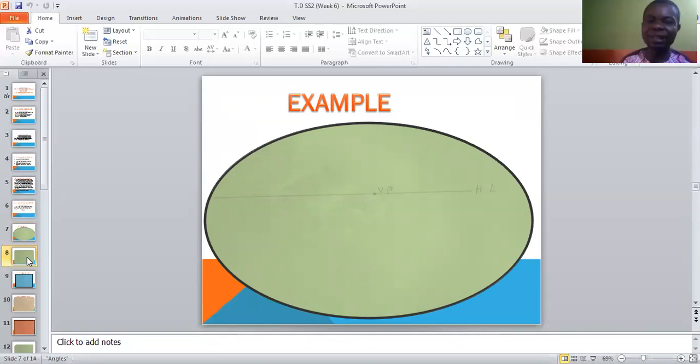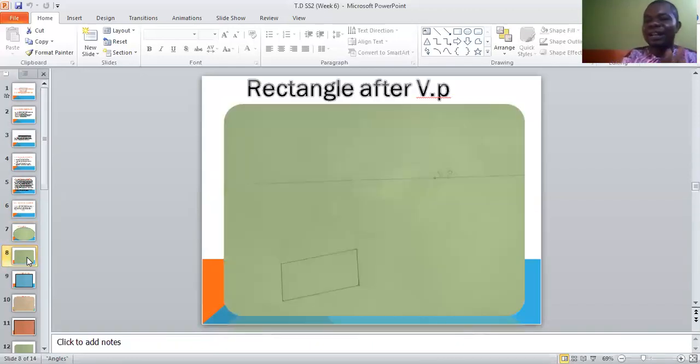After the vanishing point, you now have a rectangle. I just want to draw a particular object now in one point, that is, as a one-point perspective drawing. We're looking at a sample here. This particular rectangle, you know what a rectangle is? This is the length from here to here. This is the breadth from here to here. I made use of a 10 degrees angle here, projecting it down.